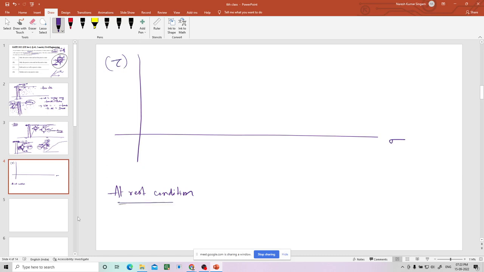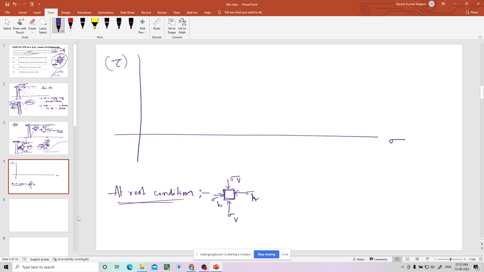Now at rest condition, when the wall is not moving at all, at that time the soil element has sigma v and sigma h.